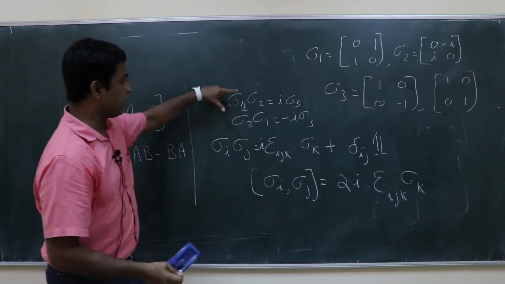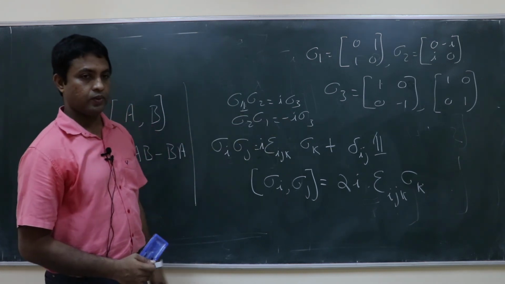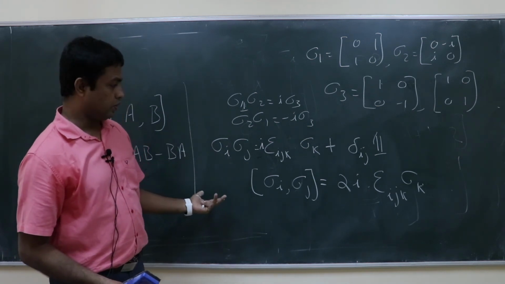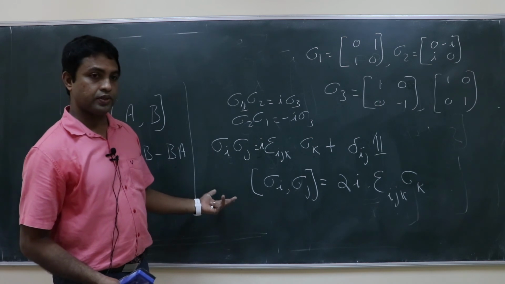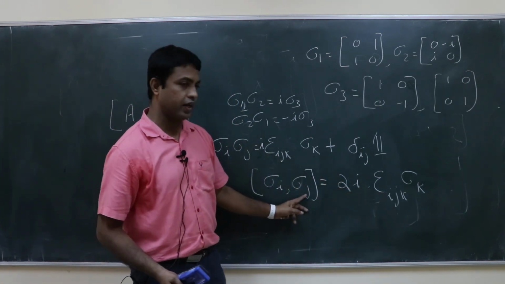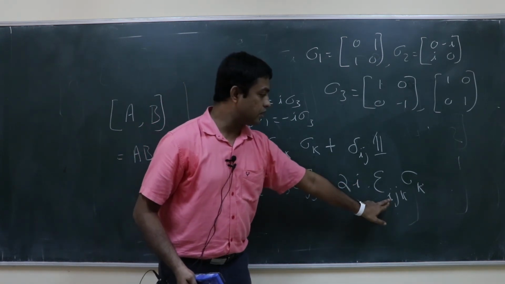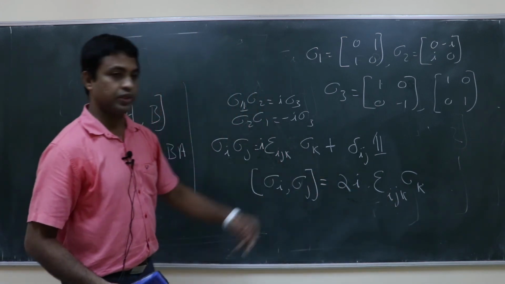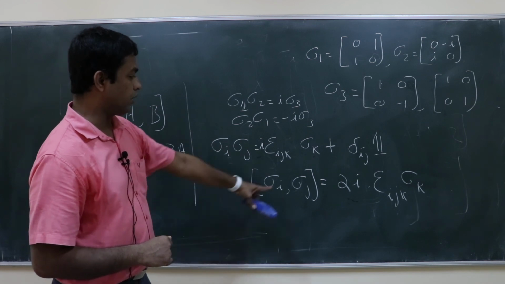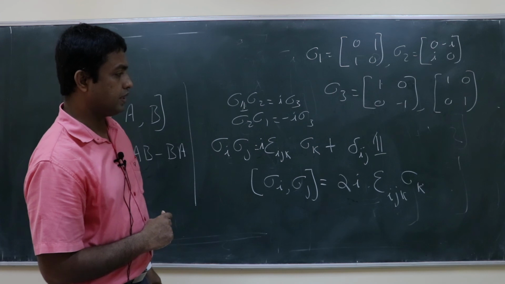So if I take sigma 1 sigma 2 minus sigma 2 sigma 1, I get 2i sigma 3. If they are the same, obviously it will be 0. Suppose i is 1 and j is 1, will I get 0 from here? Yes, right? Because if the two indices are the same, you get 0. So the commutator of sigma i with sigma j is nothing but 2i epsilon ijk sigma k.